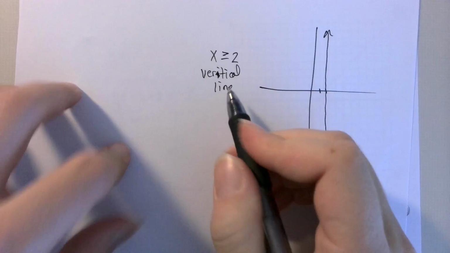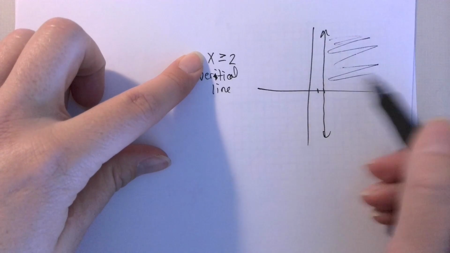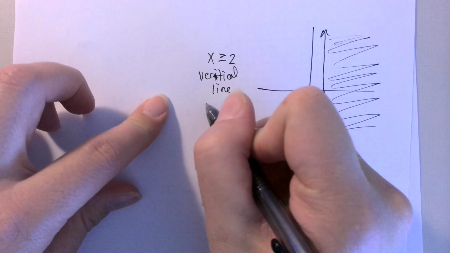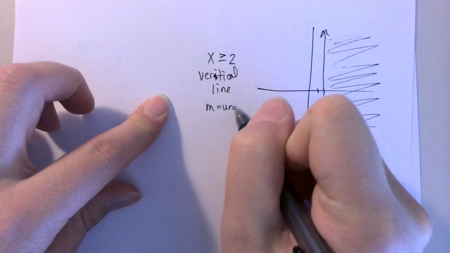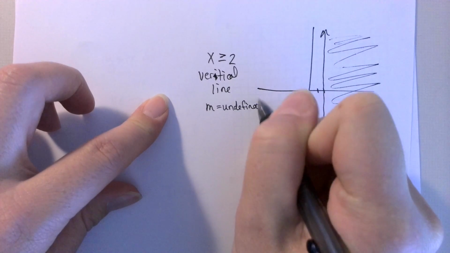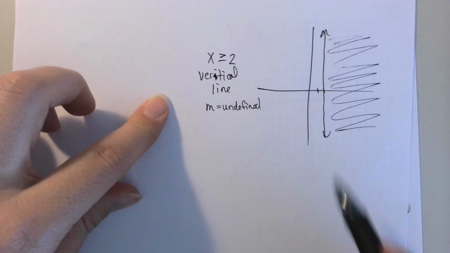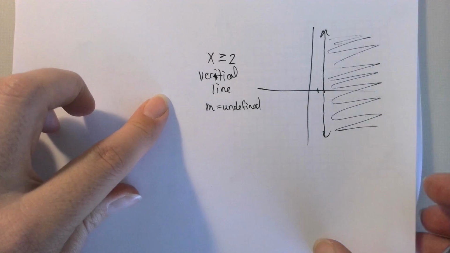And because this one says x is greater than 2, we would shade over here. So the slope of every vertical line is undefined. That definitely came up in some of the inequalities, so I wanted to remind you of that.